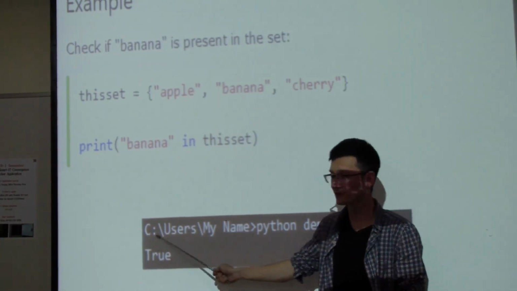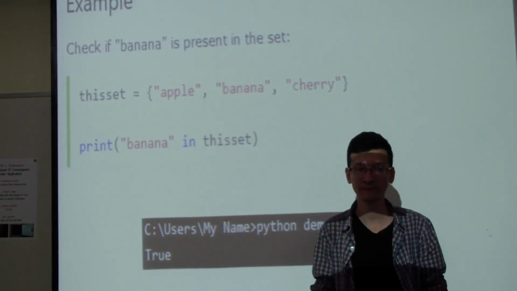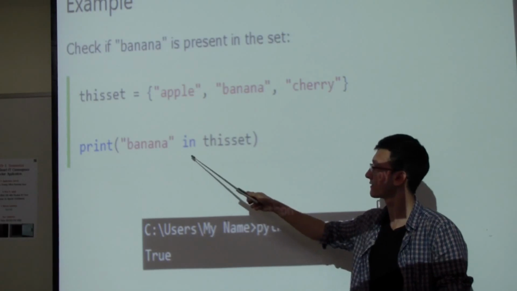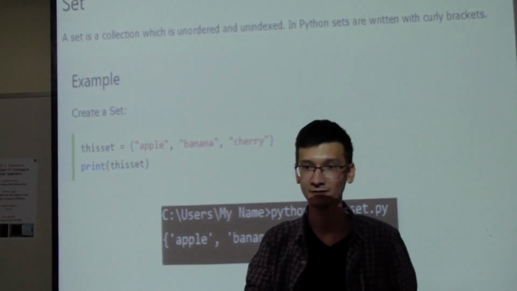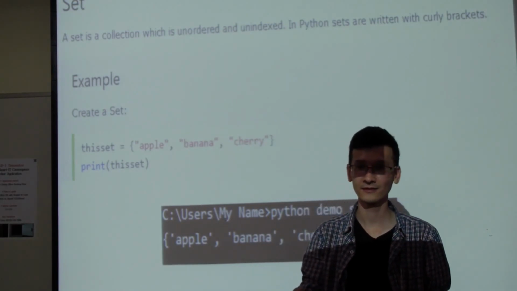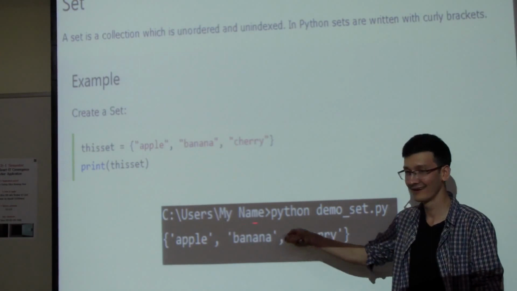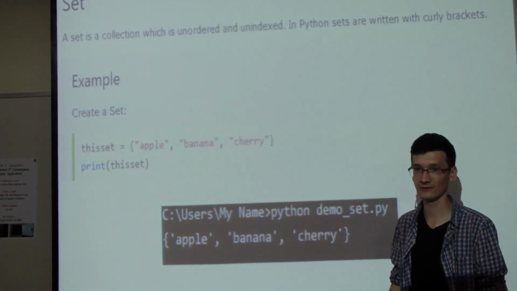It will give us true because we have this value here in the set. This is the new thing for us. It's unordered. Did you understand?